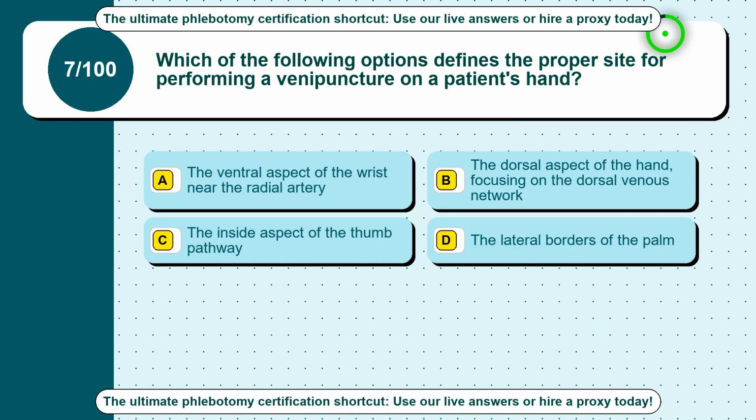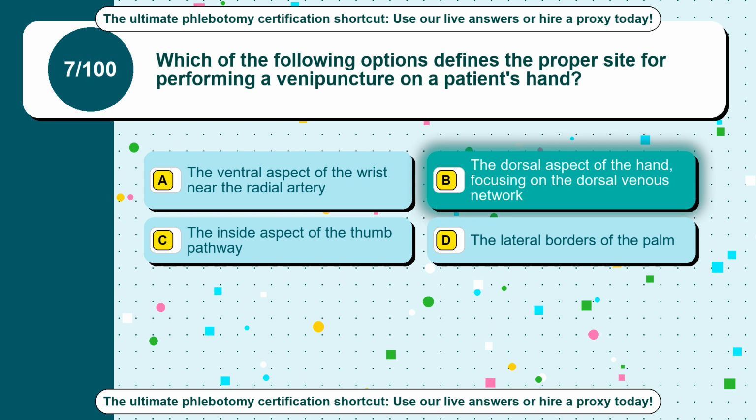Question 7. Which of the following options defines the proper site for performing a venipuncture on a patient's hand? Option A, the ventral aspect of the wrist near the radial artery. Option B, the dorsal aspect of the hand, focusing on the dorsal venous network. Option C, the inside aspect of the thumb pathway. Option D, the lateral borders of the palm.